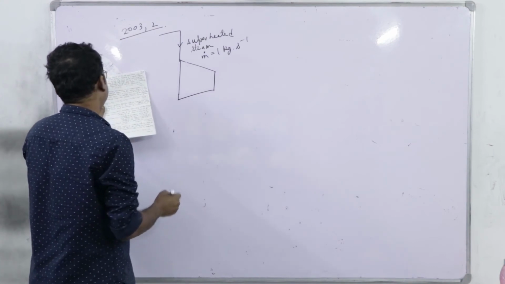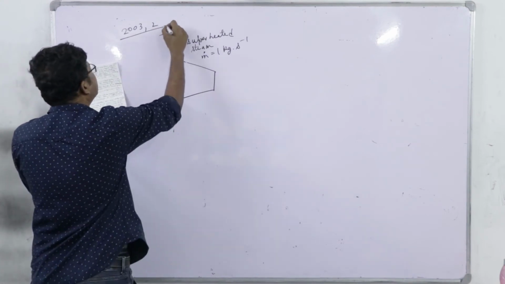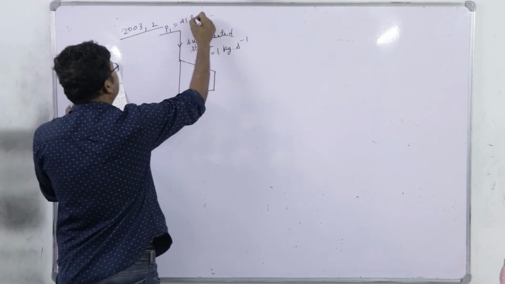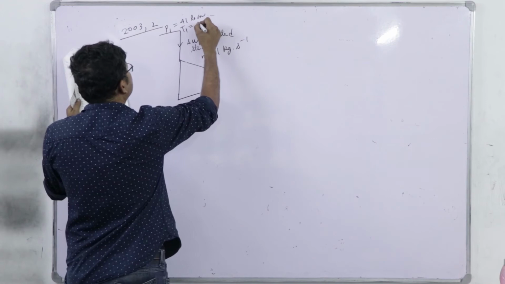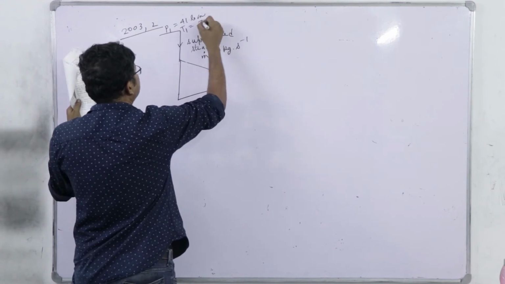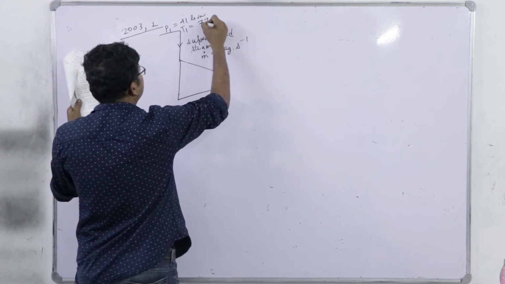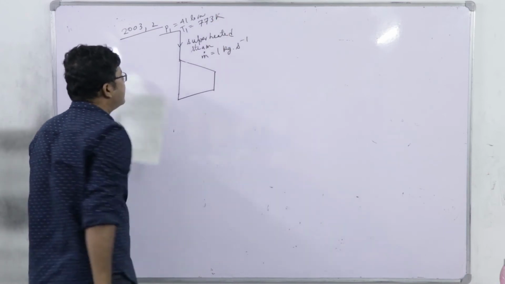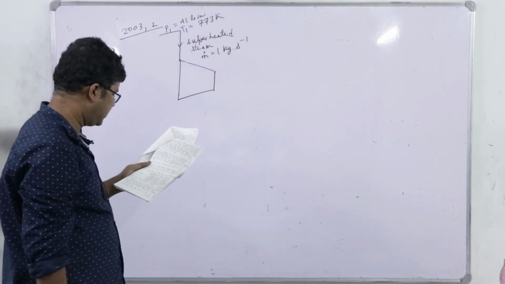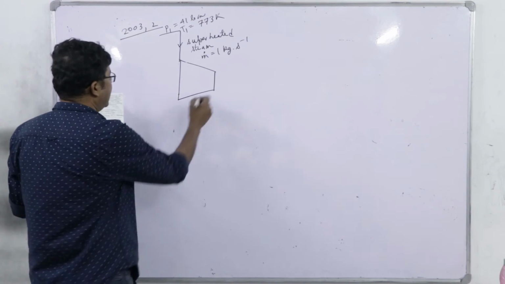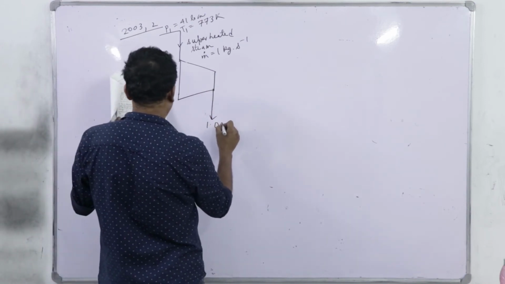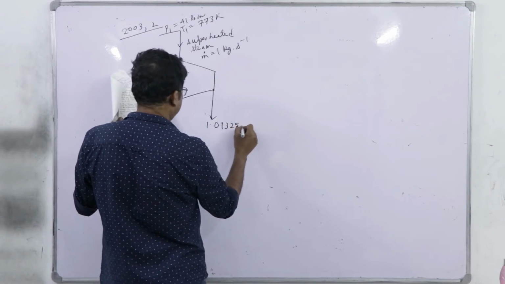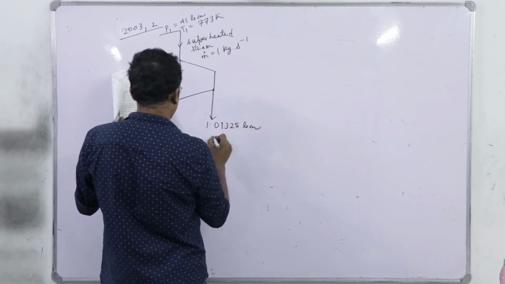The steam is supplied at P1 41 bar and T1 500 degree, which is 773 Kelvin. Right. And discharges at 1.01325 bar and 100 degree.